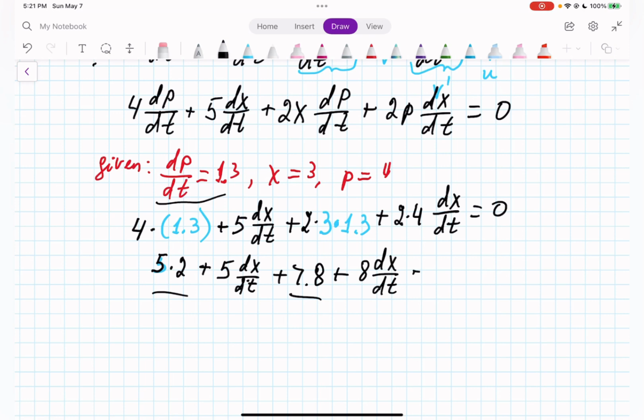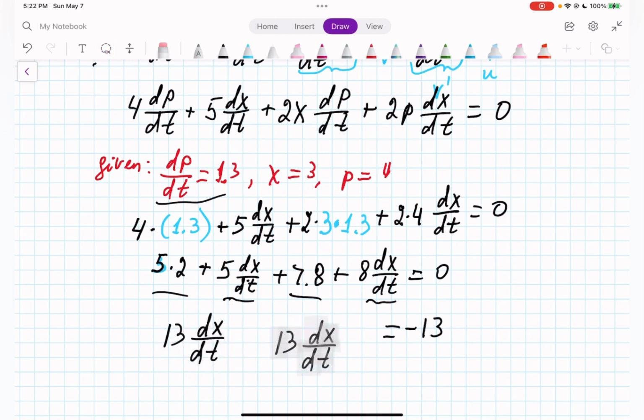Let me move this 13 to the other side. It's going to be negative 13. And what we have left is the common factor dx by dt: 5 and 8.